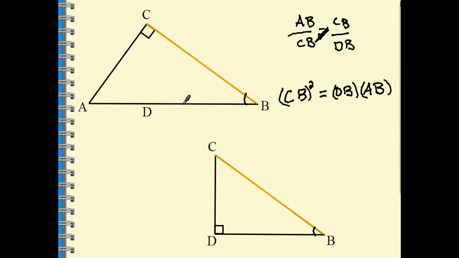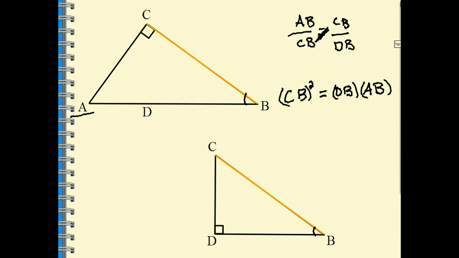I'll explain what that means more later, but if you look, this leg CB projected onto the hypotenuse is DB, and this leg AC projected onto the hypotenuse is AD. And so to find either of these legs, we just take that quantity squared is equal to the projected piece times the entire hypotenuse.